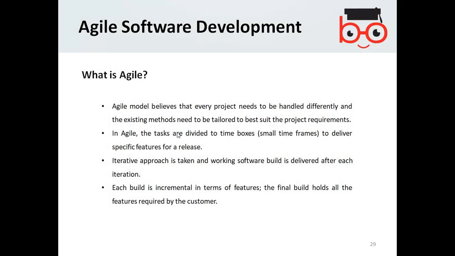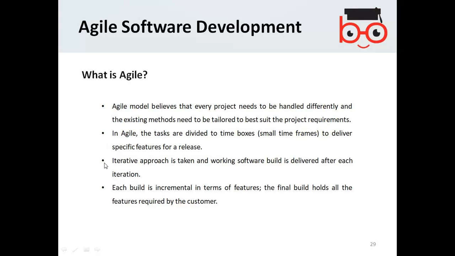Consequently, Agile is a model that believes that every project needs to be handled differently and the existing methods need to be tailored to best suit the project requirements. In Agile, the tasks are divided into time boxes to deliver the specific features of a release. An iterative approach is taken and a working software build is delivered after each iteration.